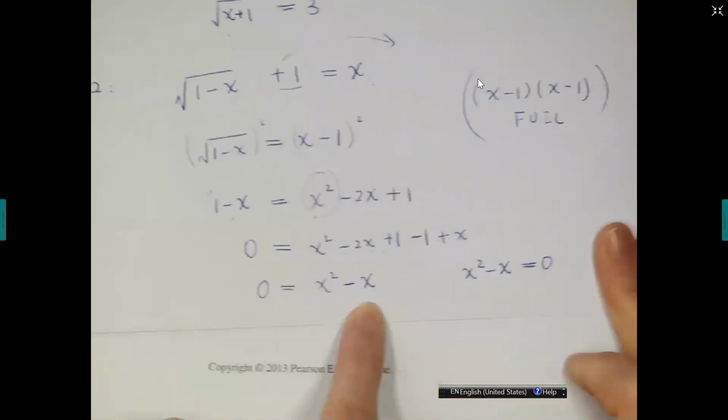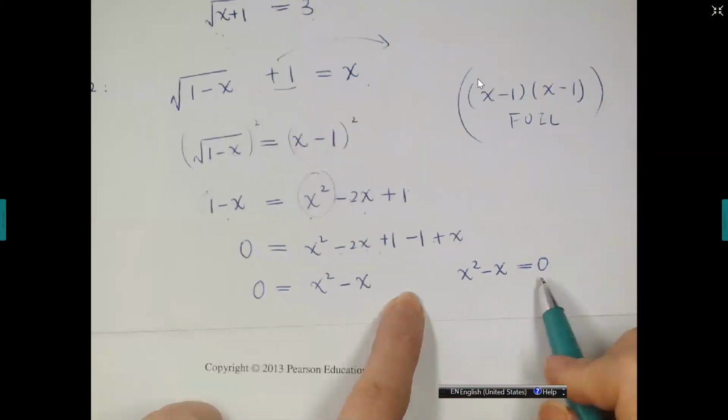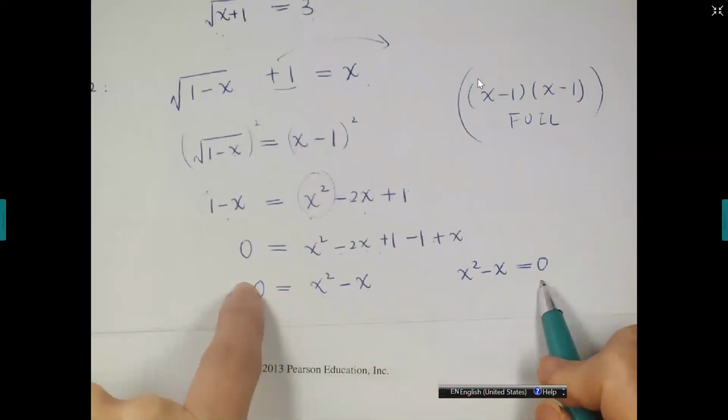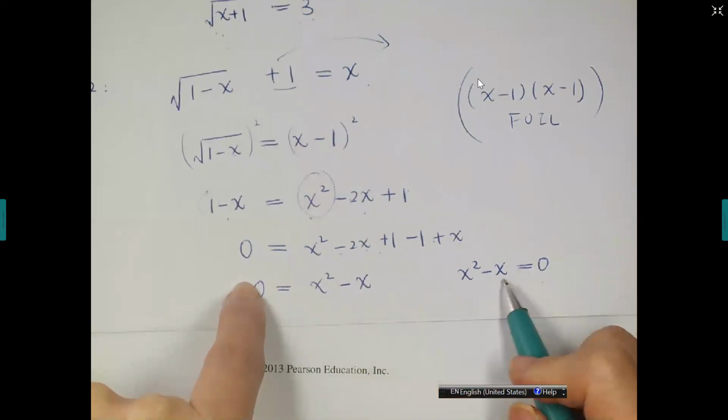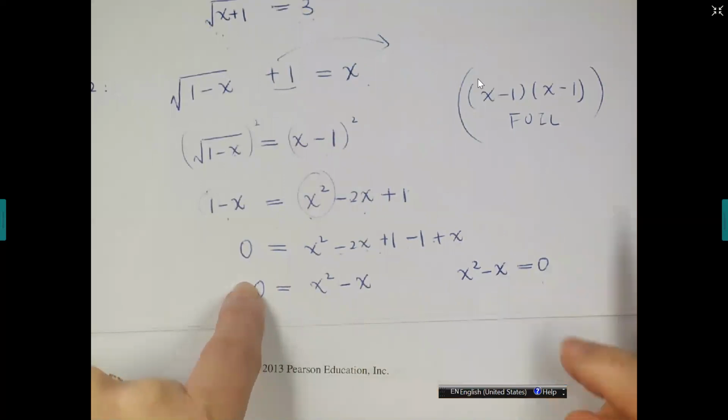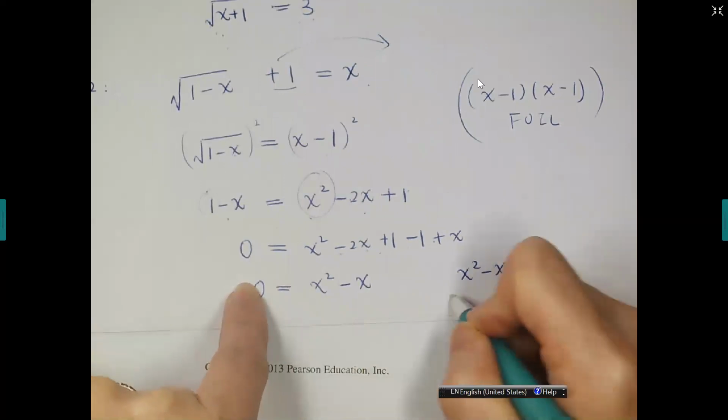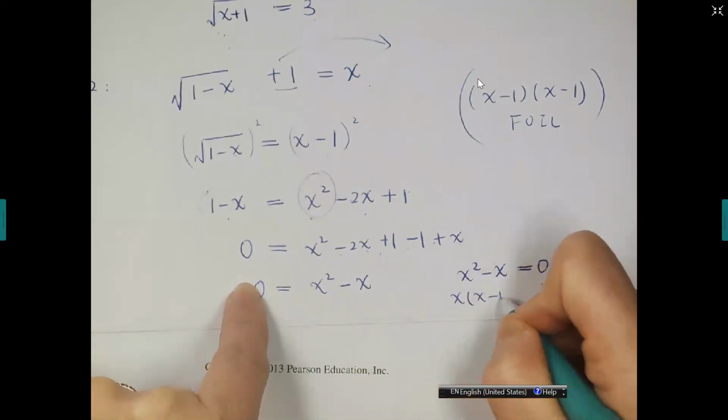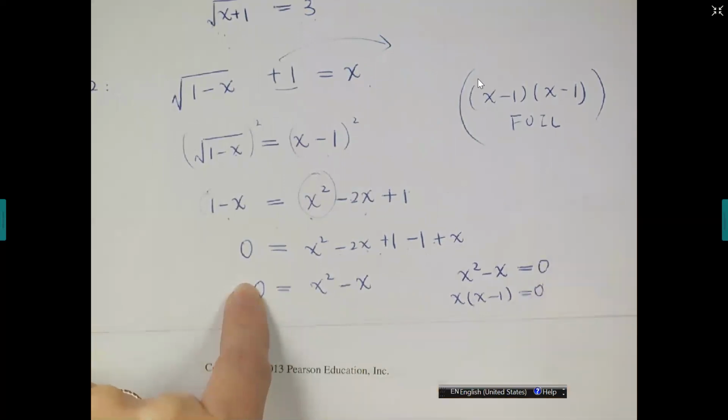This is a typical quadratic equation. How do we solve a quadratic equation? When we have 0 on the right, we try to factor the left side. So then we got x times x minus 1 equals 0.